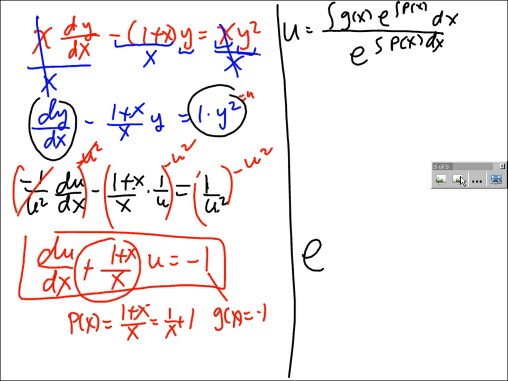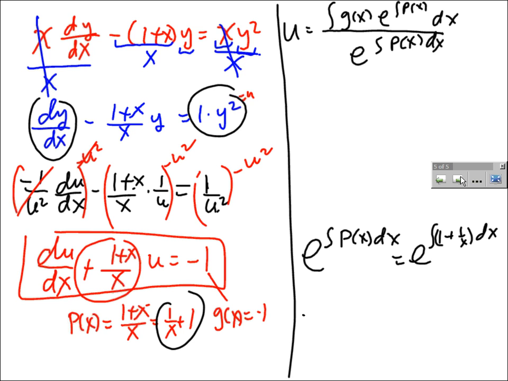Well, what is e to the integral of p of x dx? Well, p of x is 1 over x. So let me say 1 plus 1 over x. It's 1 plus 1 over x dx. So it's e. The integral of 1 is x, plus the integral of 1 over x is ln of x.